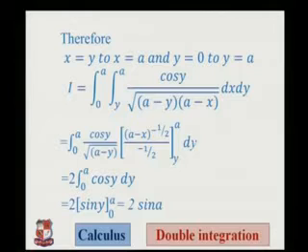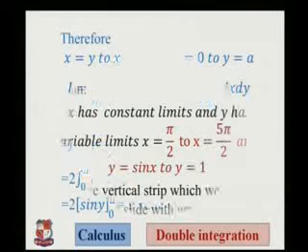Applying the limits, it will be 2 times the integral from 0 to a of cos y dy, and the integration of cos y is sin y, from 0 to a. So the answer is 2 sin a.